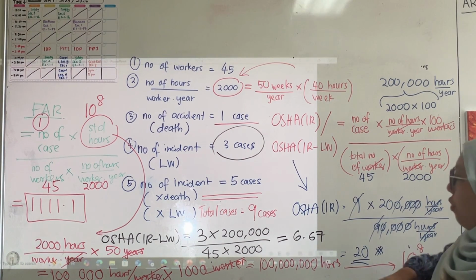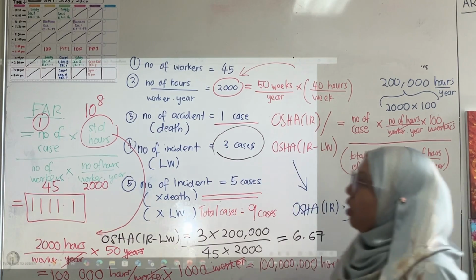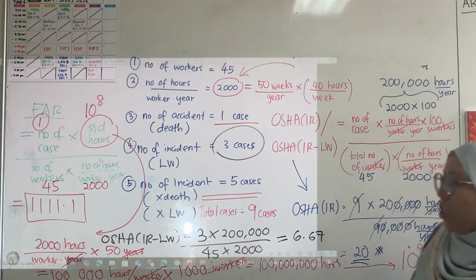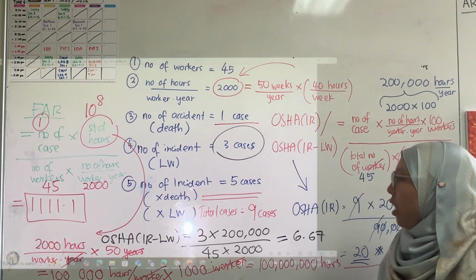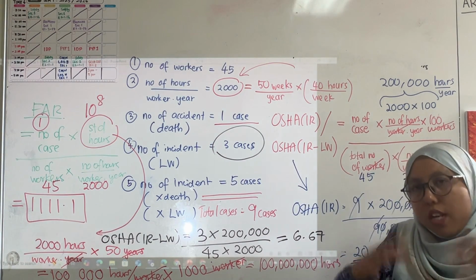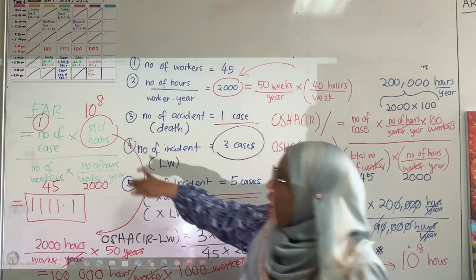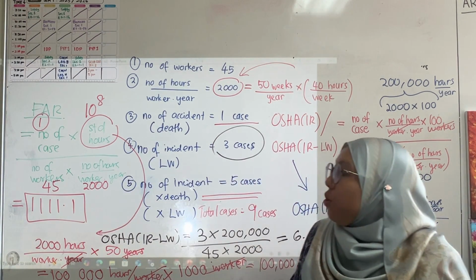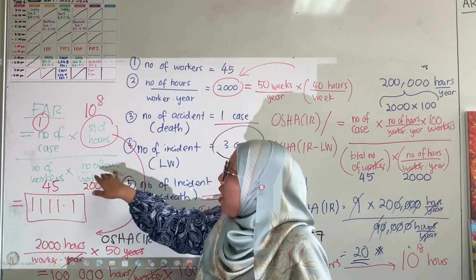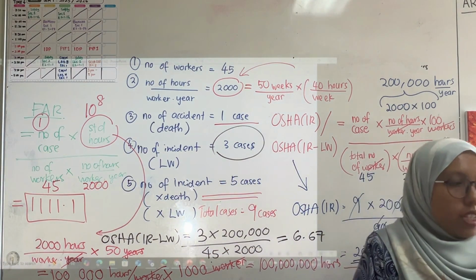If you check the calculation carefully, the standard hours are considered for a duration of 50 years, and we consider for a standard company the total number of workers is 1000. But at the denominator, you just focus on the number of workers and number of hours per worker per year. So what does it mean?